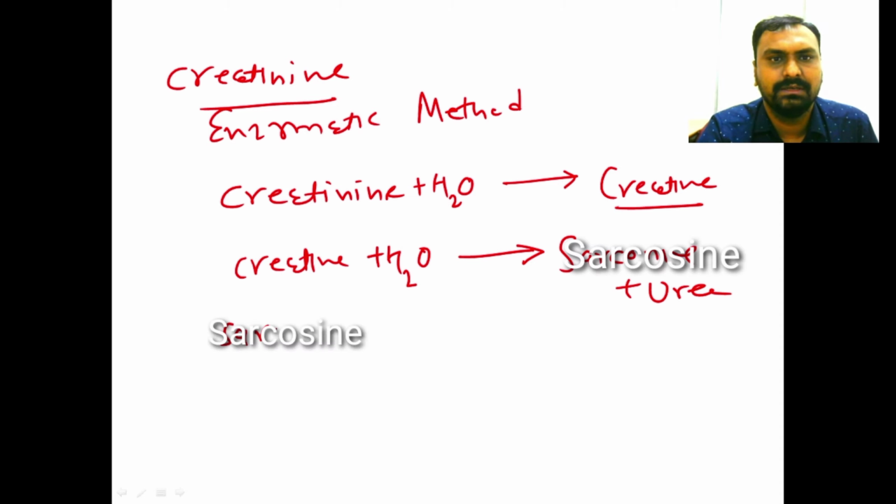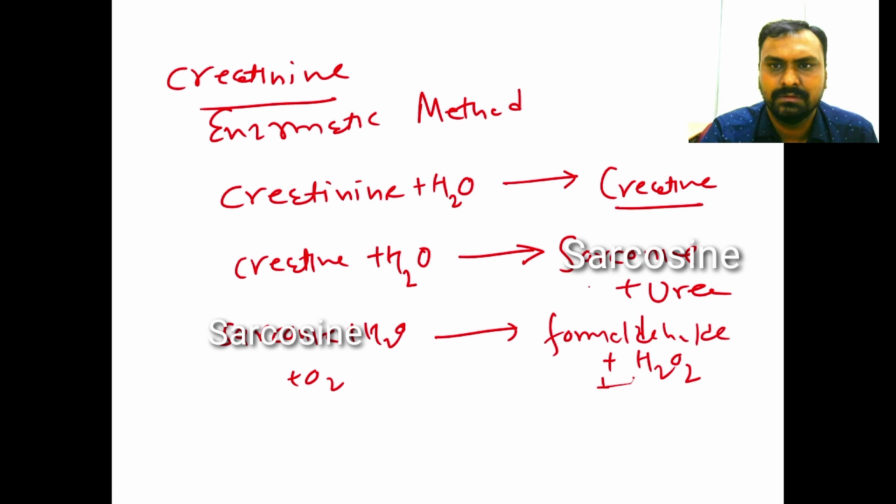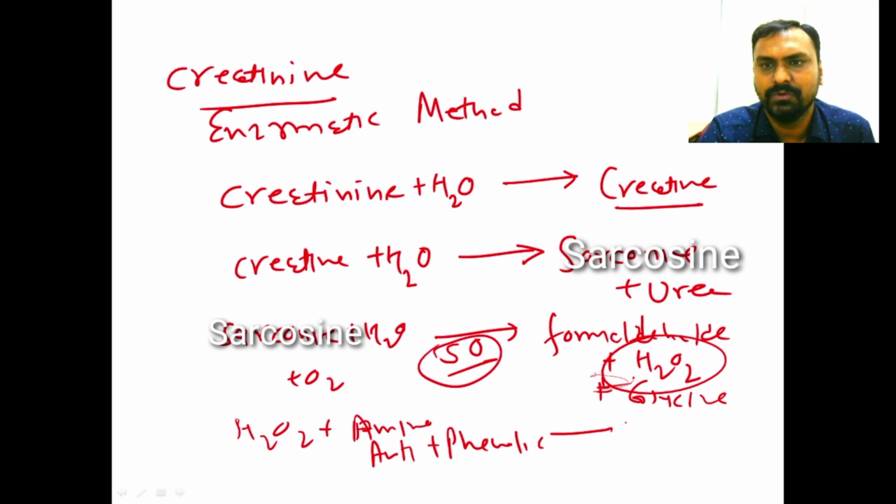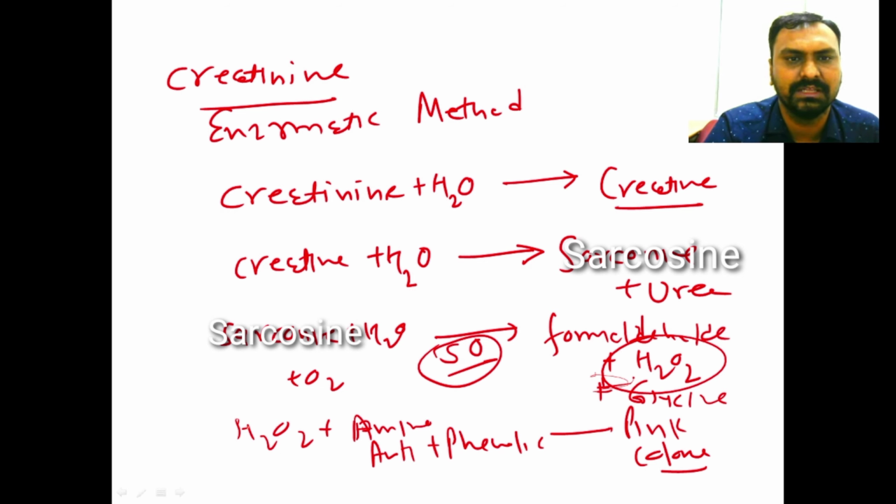This sarcosine reacts with H2O and O2 to form formaldehyde, H2O2 plus glycine. The enzyme here is sarcosine oxidase, and this H2O2 is taken up by aminoantipyrine and a phenolic compound to produce a pink color complex, just like the glucose oxidase peroxidase method.